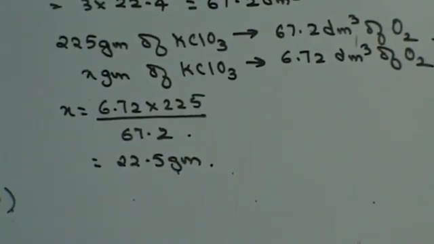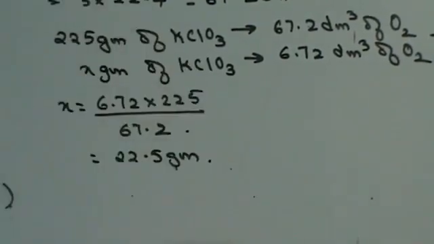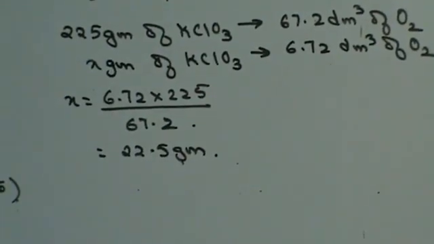Calculate the volume of oxygen required for complete combustion of 0.25 moles of methane at STP.